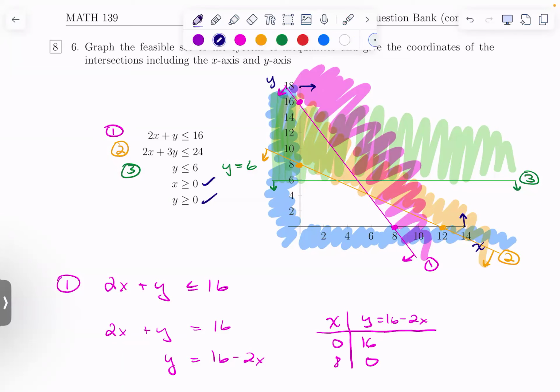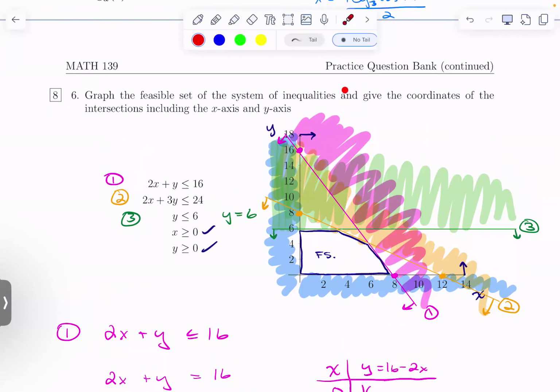Now what I like to do is draw the feasible set. Could write feasible set. But we're not done. Make you work for it.